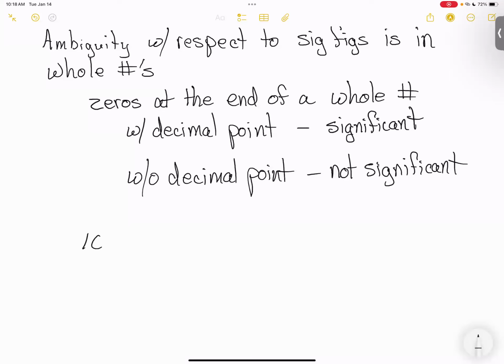So 1,000 with a decimal point has 4 significant digits. But 1,000, no decimal, has only 1 significant digit.